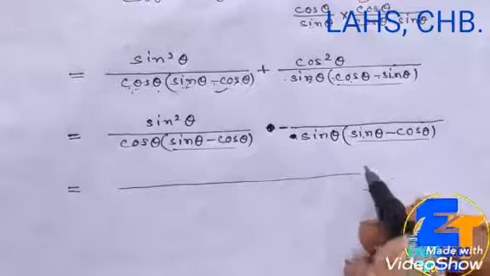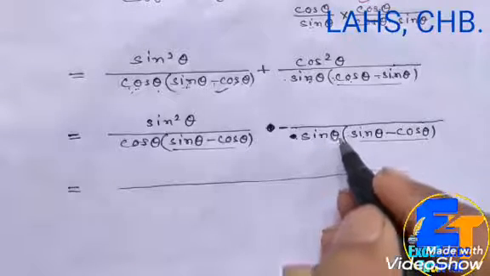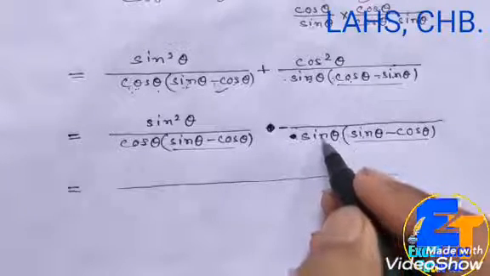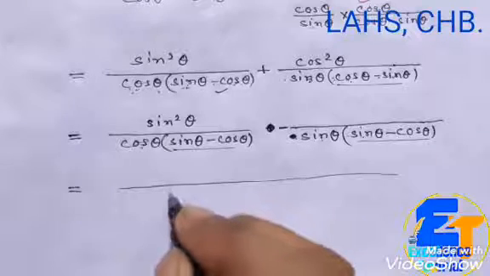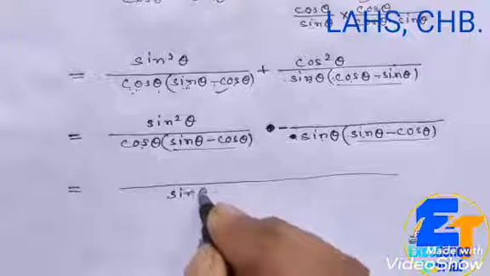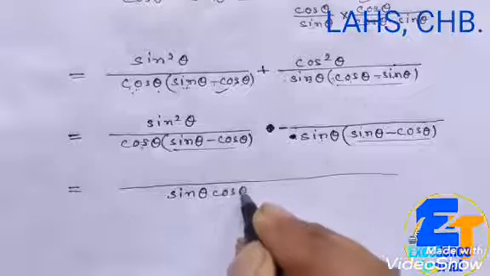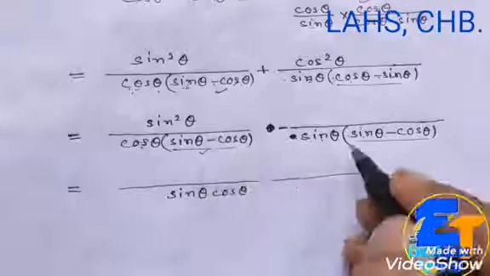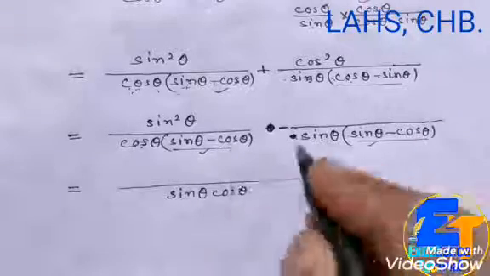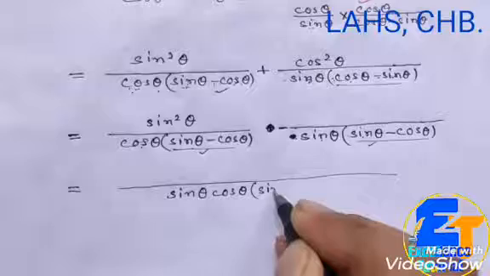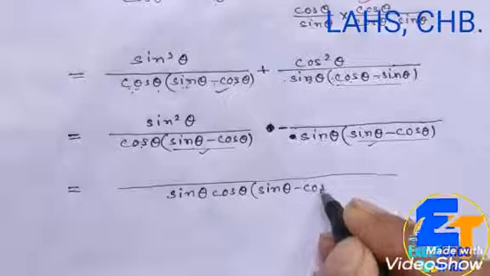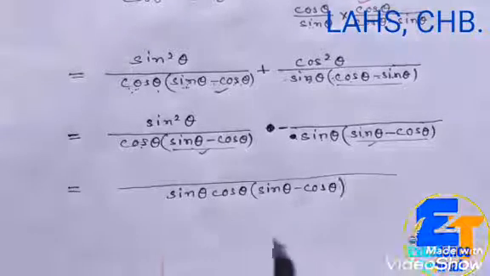First, we are going to take the LCM of the terms which exist outside the bracket. Here sin theta, here cos theta. So the LCM will be sin theta into cos theta. And since the terms of these two brackets are the same, write as it is: sin theta minus cos theta. This will be the LCM.